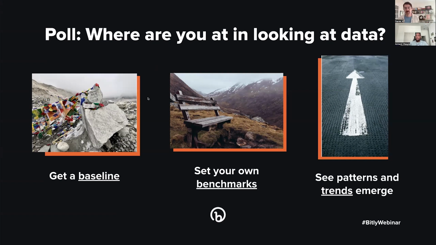Beautiful. Let's move forward to some success metrics that we can talk about. I know we talked about getting the baseline, setting your benchmark, and seeing the patterns and trends emerge. It doesn't matter what phase you're in, you are going to want to pay attention to certain metrics. And so our in-house experts put together a list of 4 metrics that we think would be very helpful for you in your analytics journey.